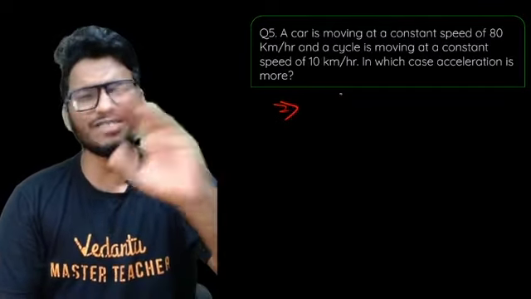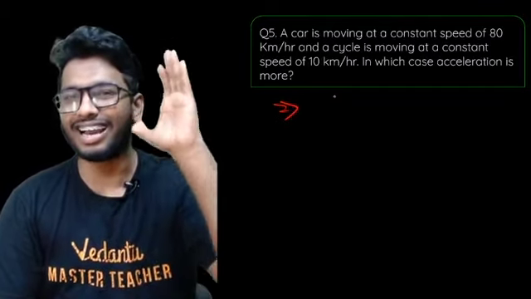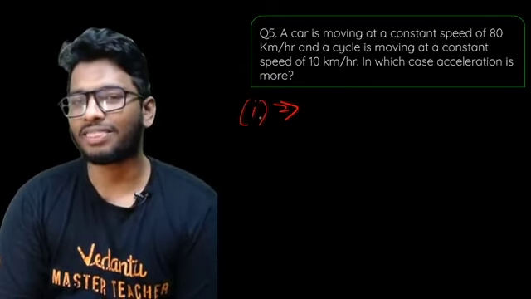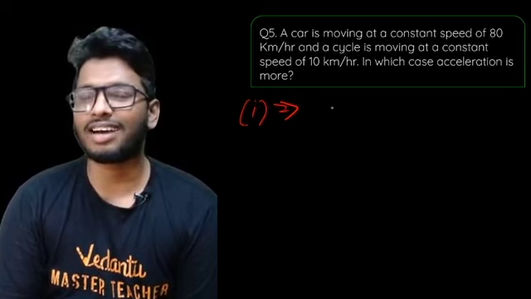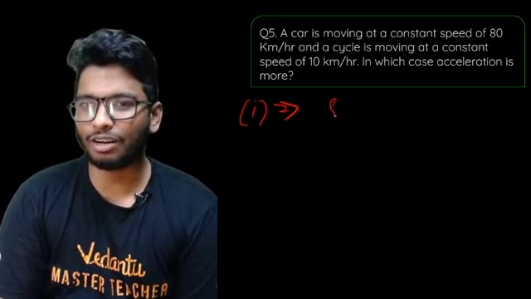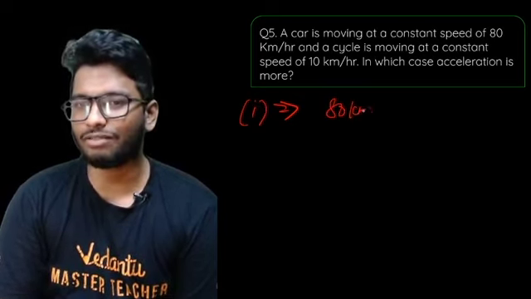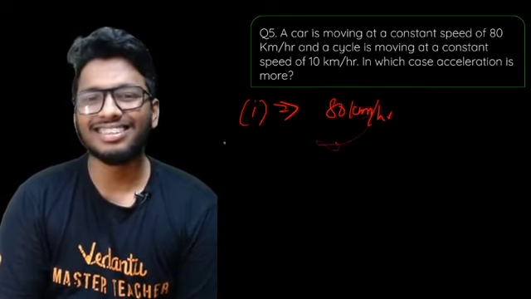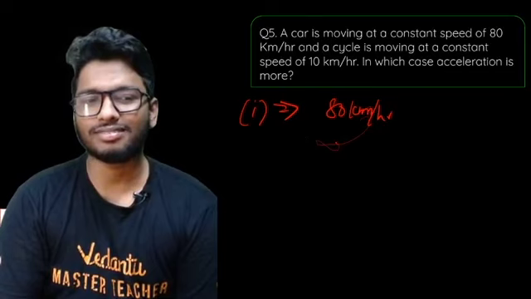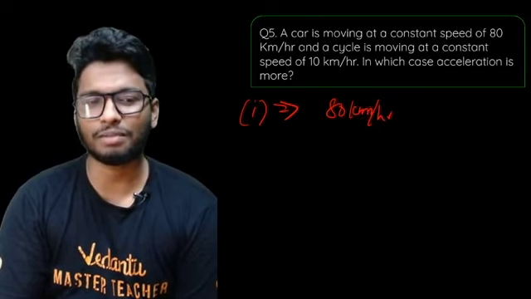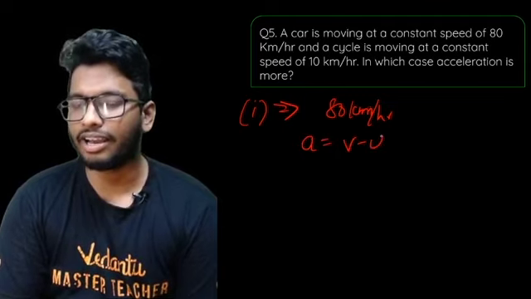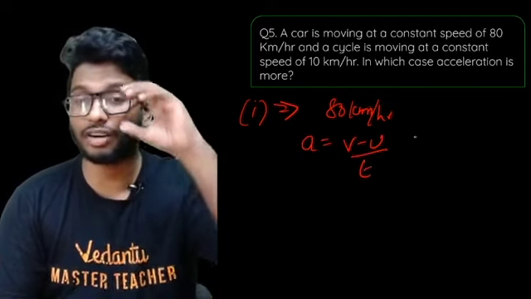However, guys, it's a very straightforward question. You could directly tell the answer, but nonetheless, I'll show it to you. For the first case scenario, the car is moving with a constant speed of 80 km per hour. If you calculate the acceleration, it is final minus initial divided by time taken.